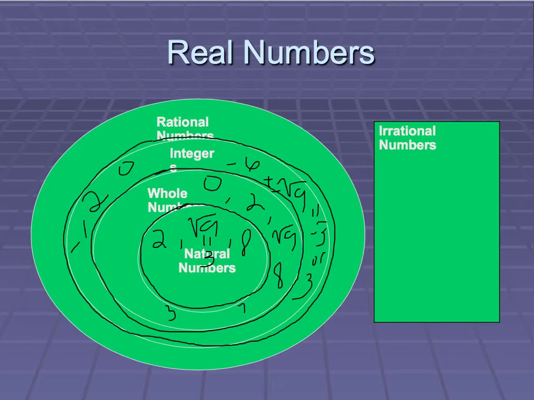Then when we get to the next layer where we have rational numbers, these can also be negative and positive numbers, but they can also be decimals that are repeating, or 2 divided by 6, because it's a repeating decimal.